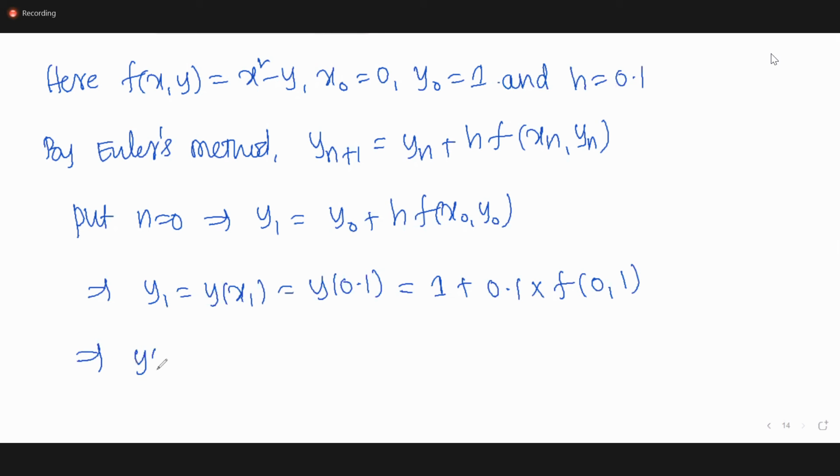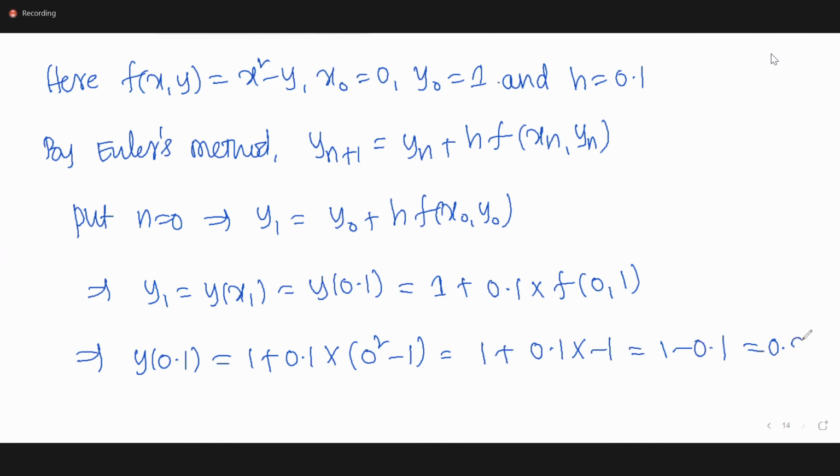So y of 0.1 is equal to 1 plus 0.1 into f of 0 comma 1, 0 square minus 1. 1 plus 0.1 into minus 1. 1 minus 0.1, 0.9. So y of 0.1 is equal to 0.9.